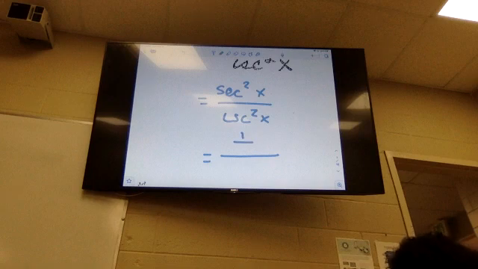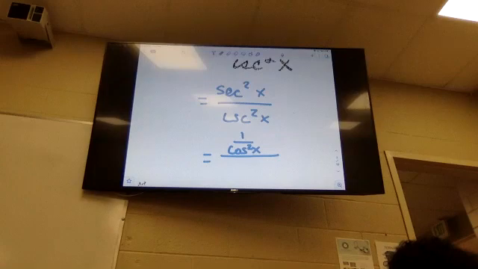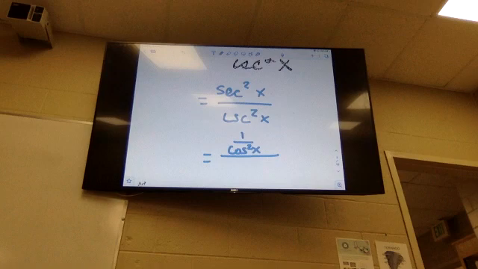So secant by itself is 1 over cosine x. Secant squared is 1 over cosine squared x. I'm not going to make a list of cosine squared and secant squared and all that; we're just going to assume that the exponent follows us all the way through. What about cosecant? What does that go with? Sine. So cosecant squared is the same thing as 1 over sine squared of x.